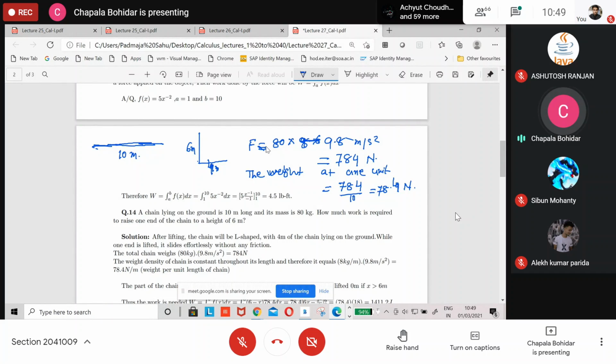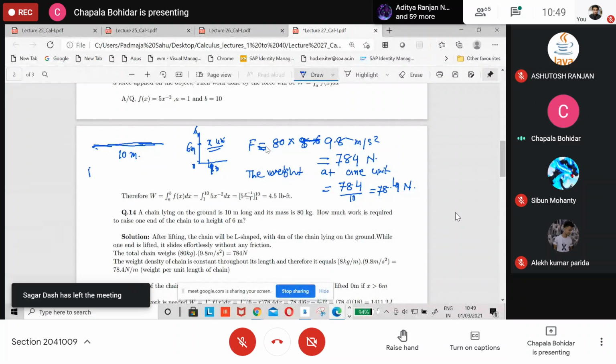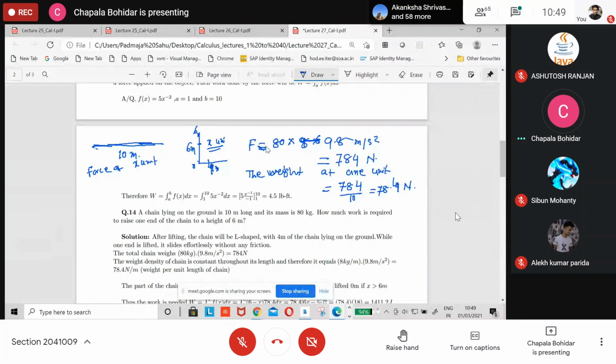If you consider here X units, on this length 0 to 6, the force at X unit is 78.4 into X.